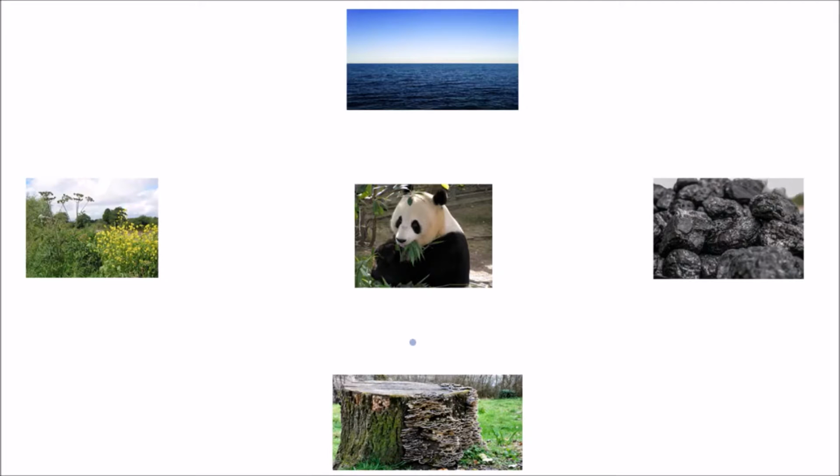These 5 things also transfer carbon between them in a few different ways. You already know these processes from your science lessons at school, and we're going to apply these now to the carbon cycle.